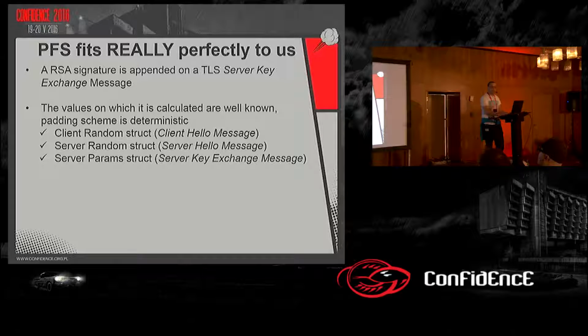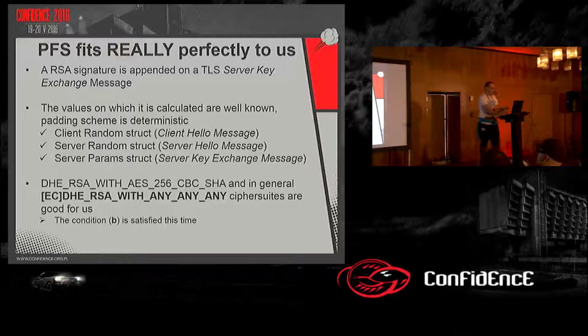And basically, they are the client random structure, which is taken from the client hello message, the server random structure, which is taken from the server hello message, and the server param structure, which is taken from the server key exchange message. All these messages basically are exchanged in clear text. So the attacker has access to these messages, of course. And remember, the padding scheme of TLS is deterministic.